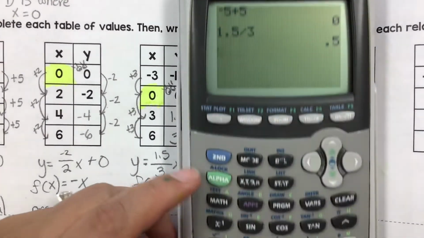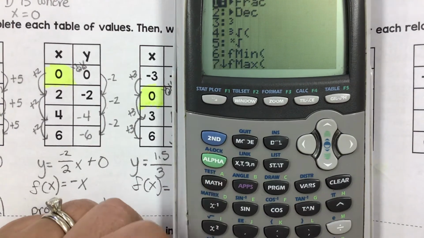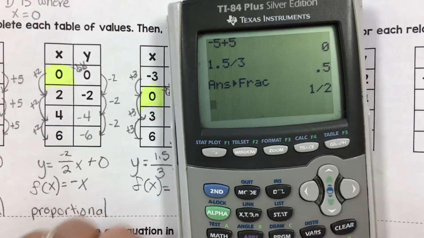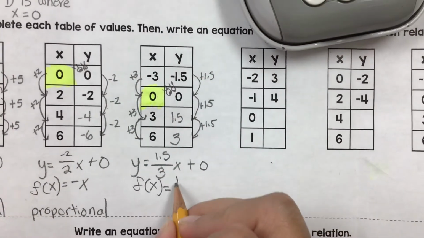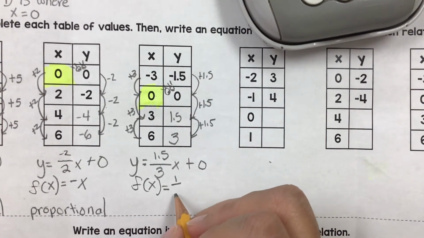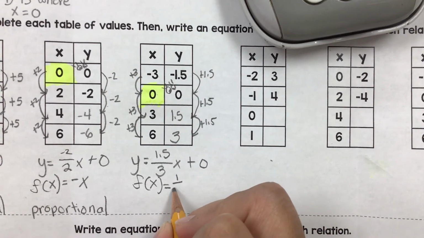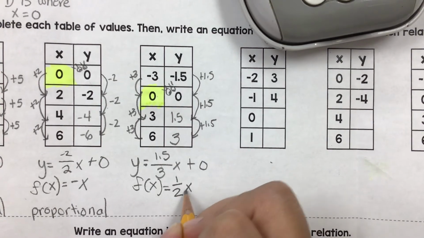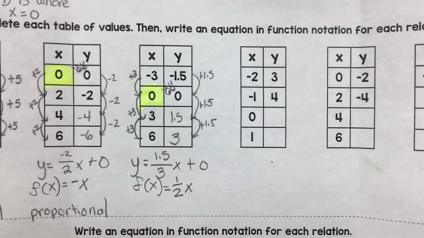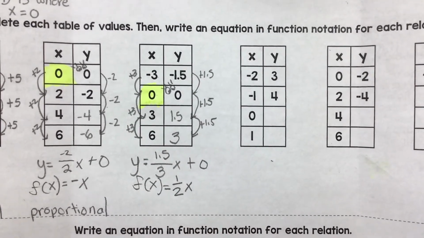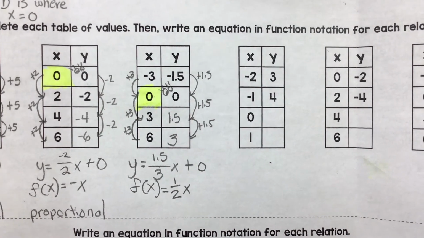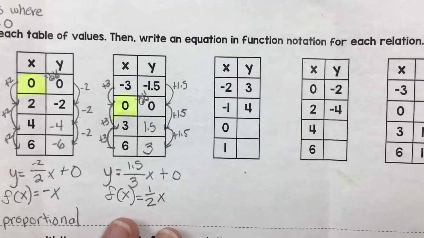You can write it as a fraction, 1/2. Don't forget the fraction in a slope is an action. That's why we wouldn't want it as a decimal, but you can write it as a decimal if you want. Making this one proportional.